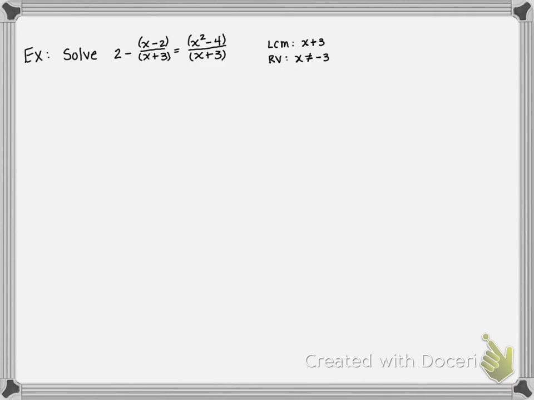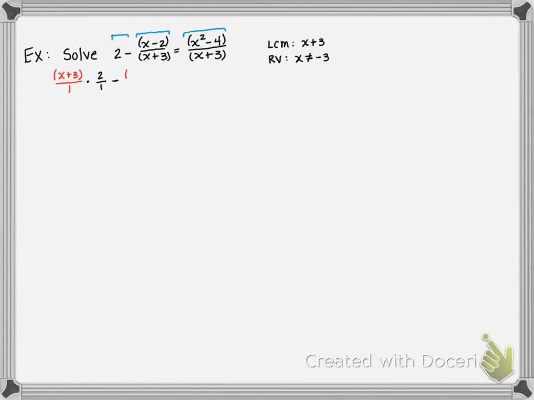So now we're ready to clear fractions. We have 1, 2, 3 terms, so we're multiplying each of those by x plus 3. So we have x plus 3 over 1 times 2. If you want to put that over 1, you can put it over 1.